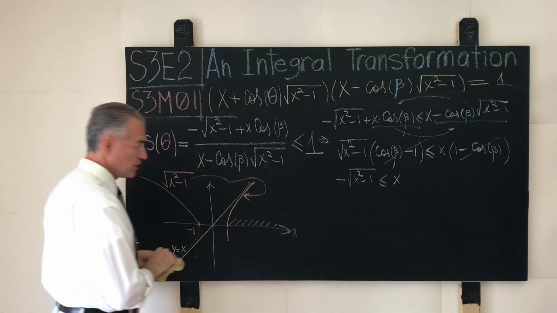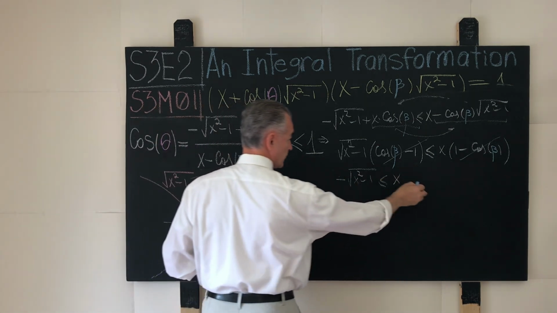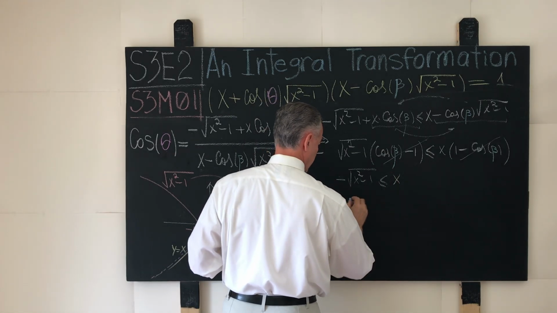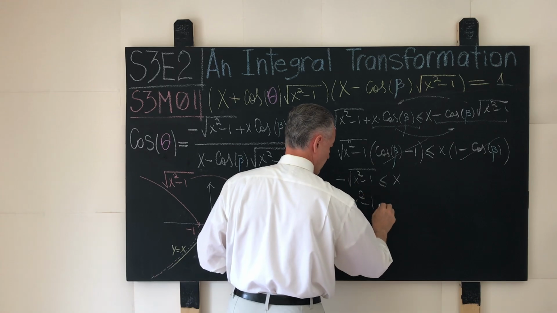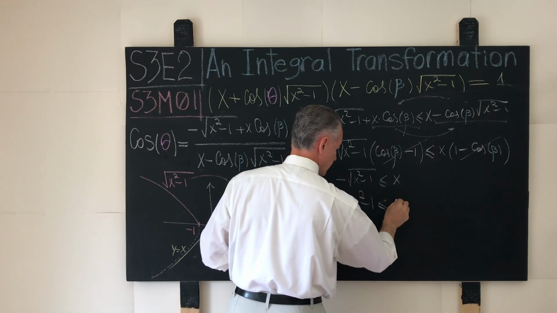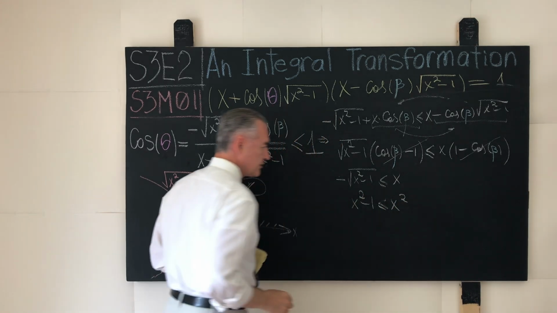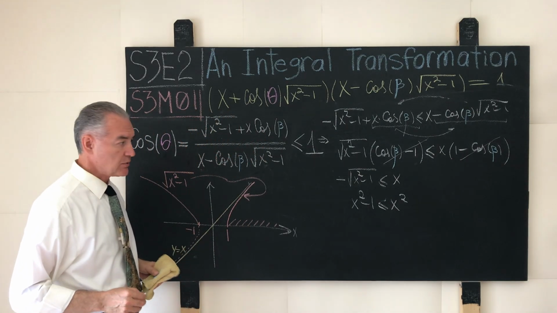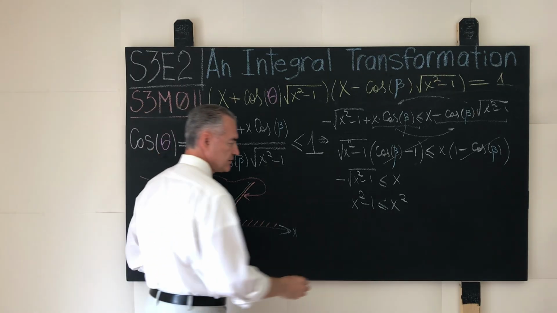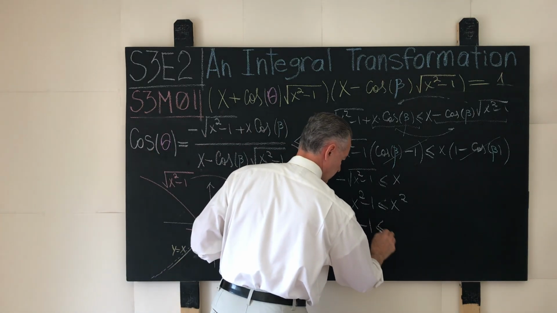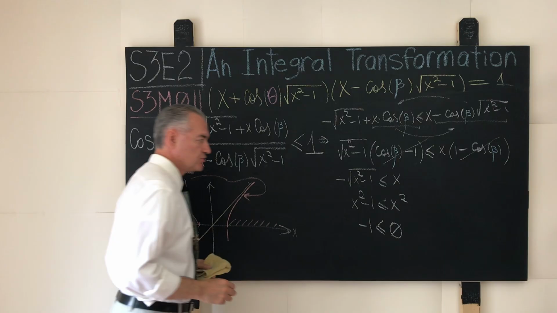And if we square both sides of this relation, we will have x squared minus 1 less than or equal to x squared. X is a real number. In our case, it's greater than 1, but that is the case of what? Minus 1 less than or equal to 0.